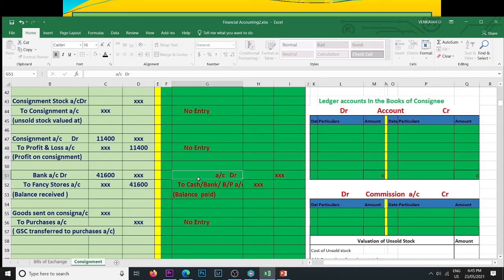In the same manner, the amount is paid to Raja Mills Limited by Fancy Stores in their books. Raja Mills. Amount is 41,600.